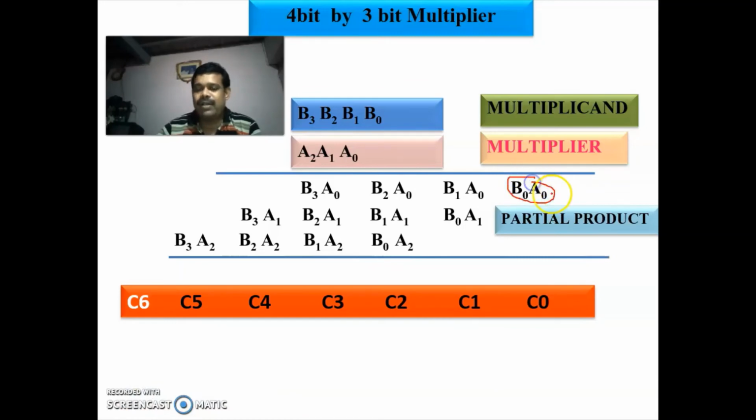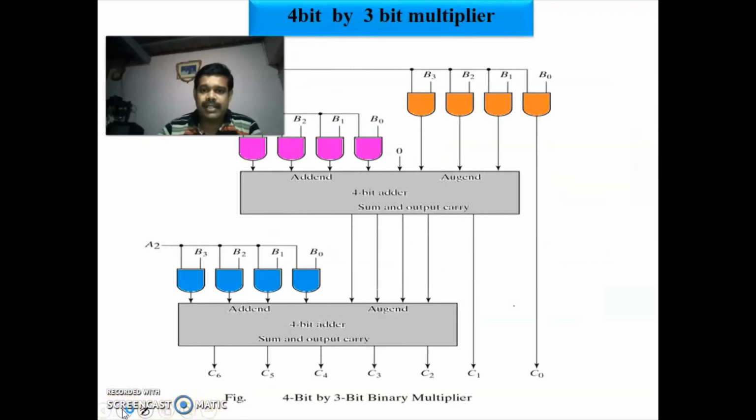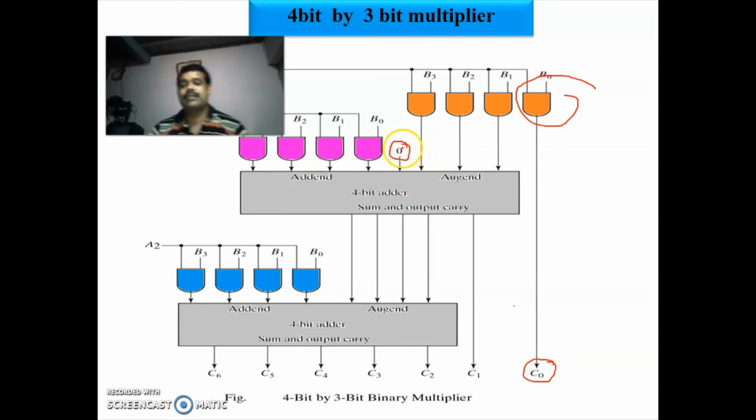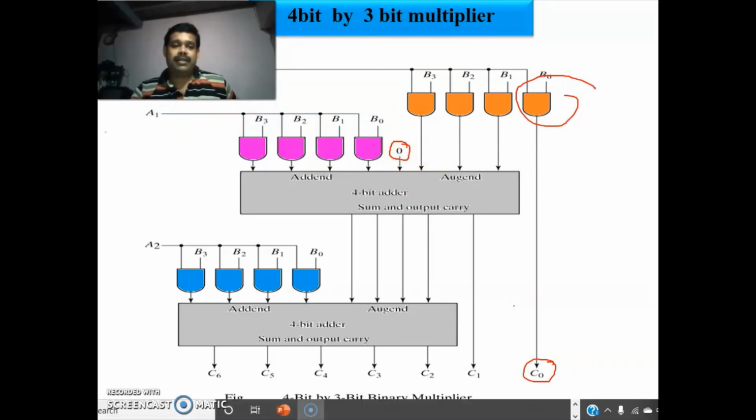Here we are doing no additions, so we are directly taking that. Similarly, when you see the circuit here, it is not used for any addition. So the MSB here we are making 0. Then we are multiplying A1 with B0, B1, B2 and B3.